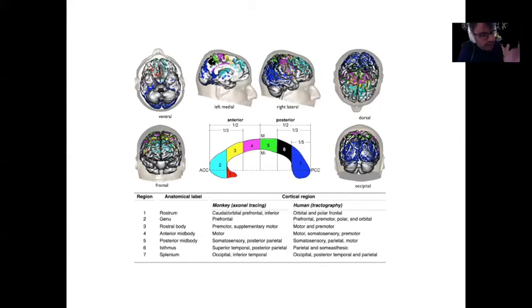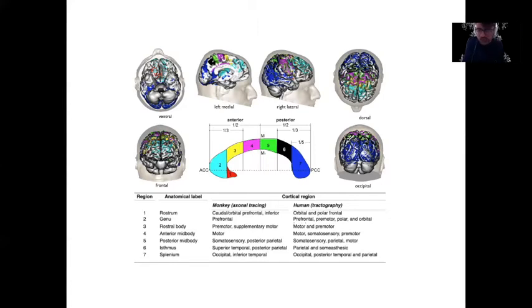As you go further, 5, which is the posterior mid-body, you have mostly the somatosensory cortex and the rest of the parietal cortex. 6 is called the isthmus, and that's where you have the tapetum that reaches out to the temporal lobe. And 7 is the splenium, where you have most of the occipital connections.